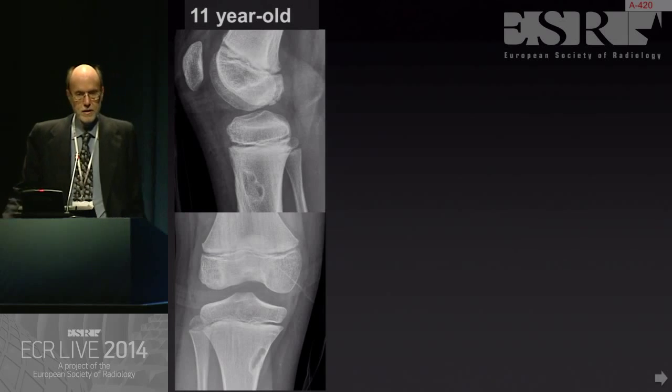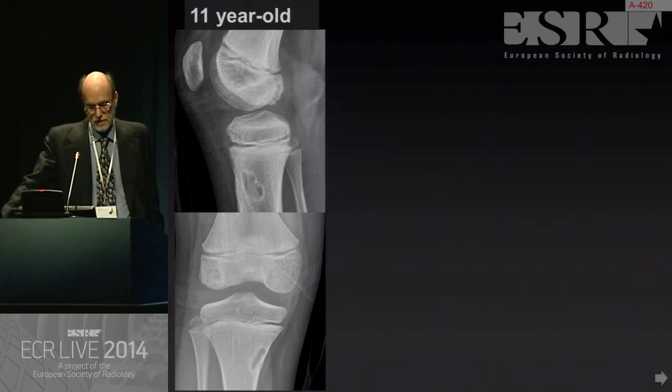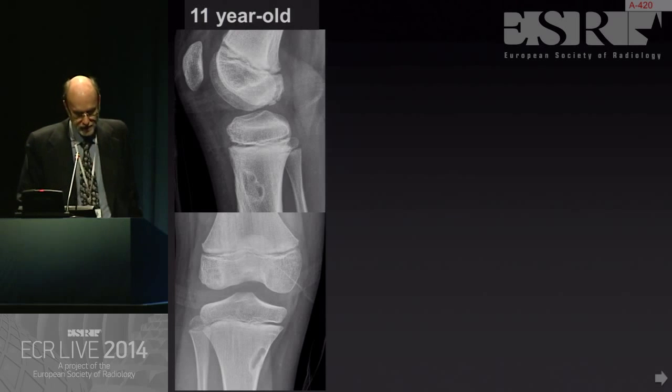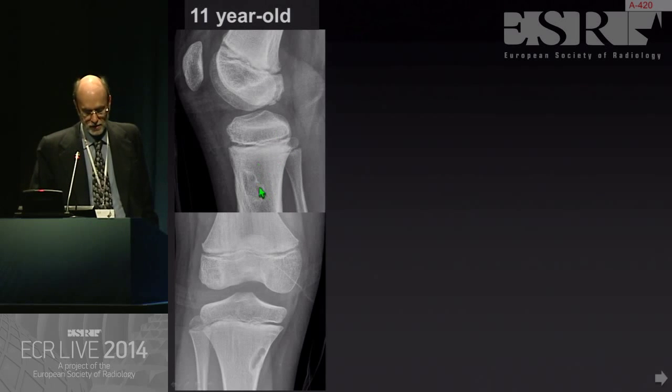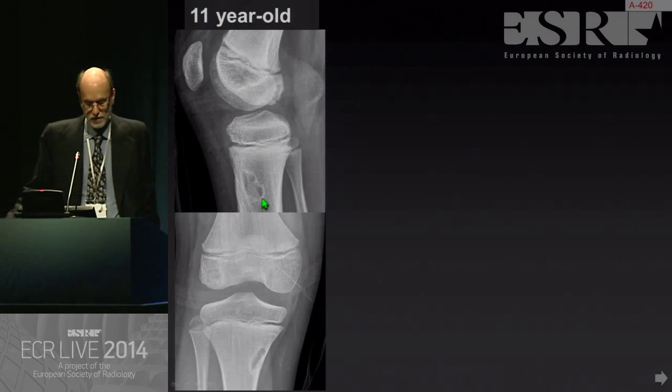This 11-year-old presented after minor trauma, and we interpreted the radiograph as uneventful because this was a cortical defect, fibrous cortical defect, of no significance, and there is a fragmentation of the posterior lateral condyle. So we told the clinician that no further investigation was necessary.